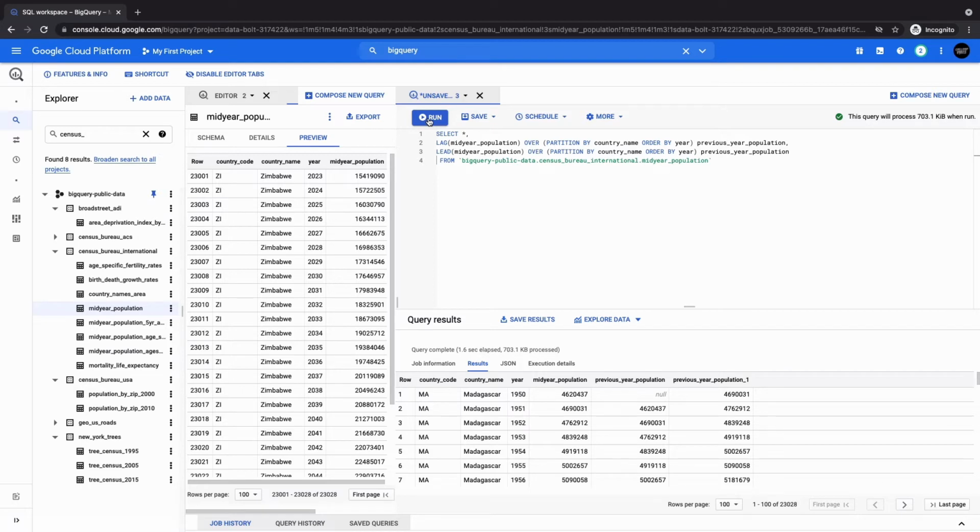So for instance, in the case of Madagascar here, you have the year 1950. And in the year 1950, Madagascar had this population. However, there was no record for 1949. And that's the reason why you have a null here. And then here we should have put next year population.